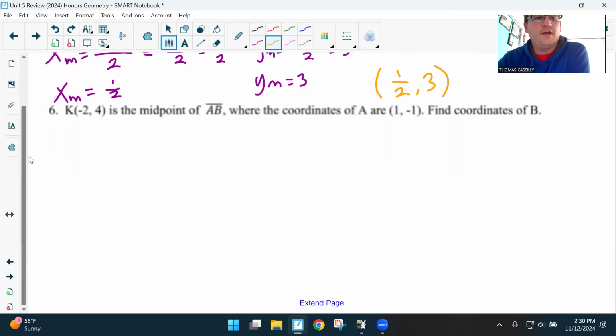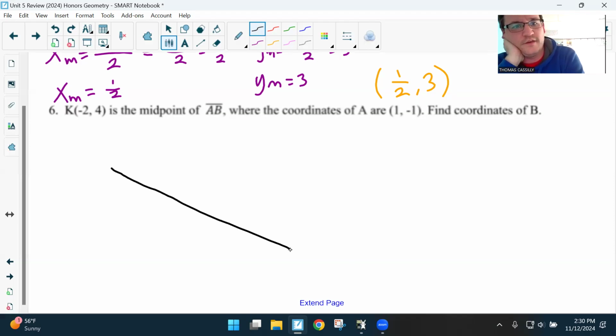The next one. They're telling us point K is the midpoint of AB, where we have the coordinates 1, 1. We need to figure out the other one. So here, I'm going to draw a line.